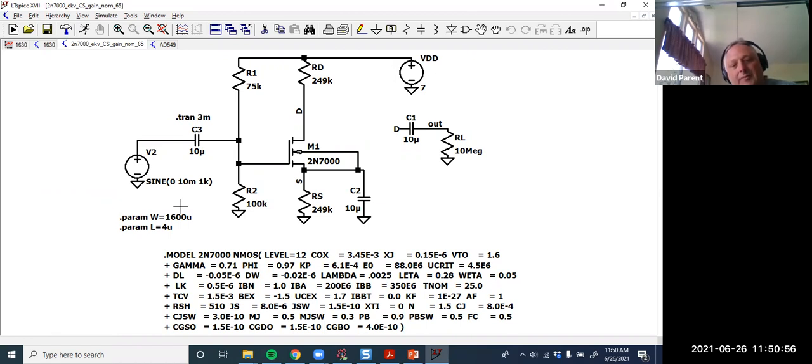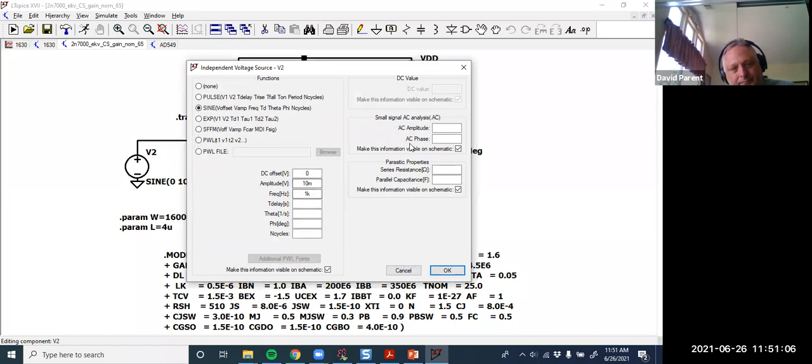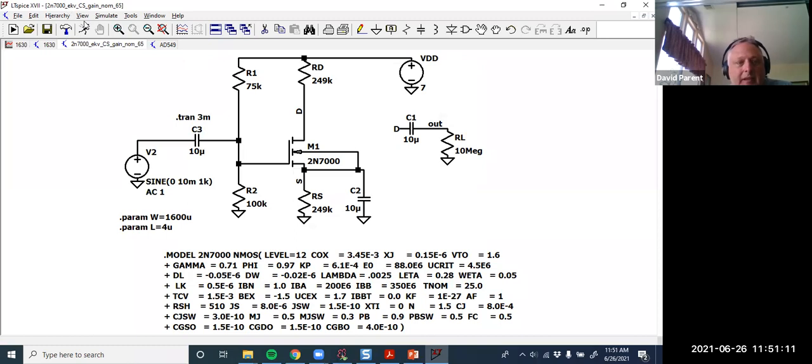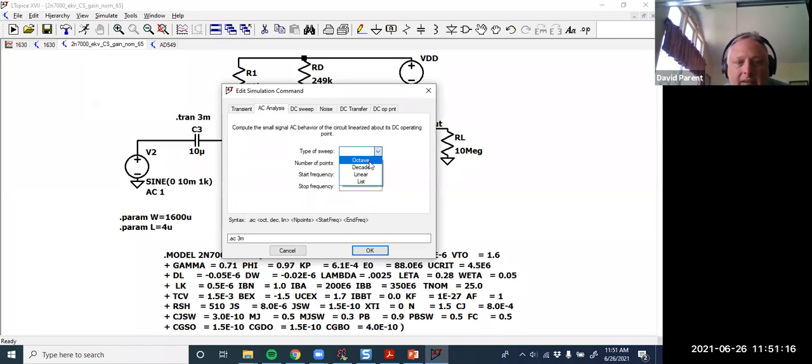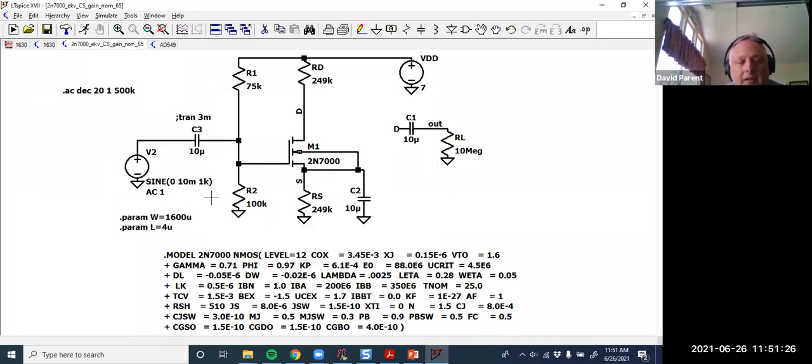If I put in 1 volt here and simulate a Bode plot, it will find the DC operating point, the current, all the resistances, everything.